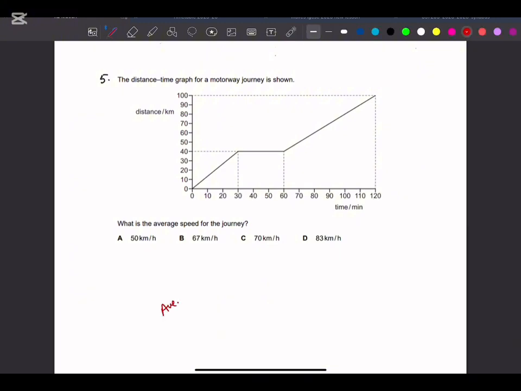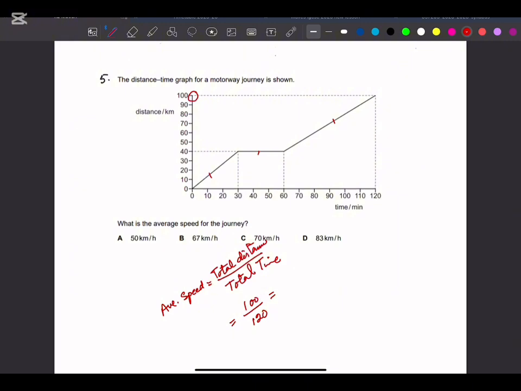But again, as you know, average speed or velocity is simply nothing but total distance divided by total time. So what is the total distance? Whatever path they are following, or whatever the state of the body, ultimately the distance covered is 100 in how much time? 120.